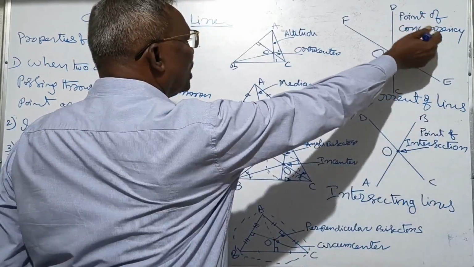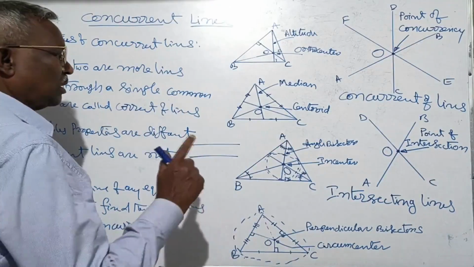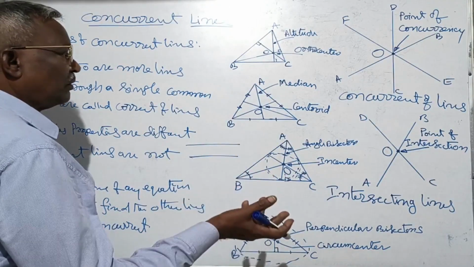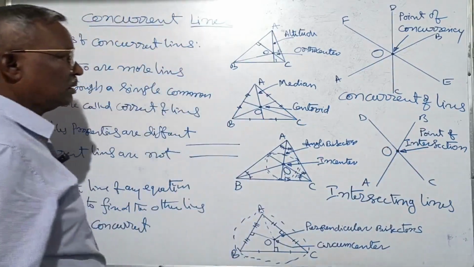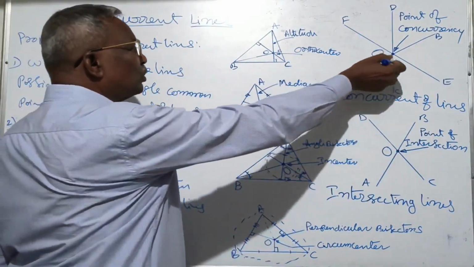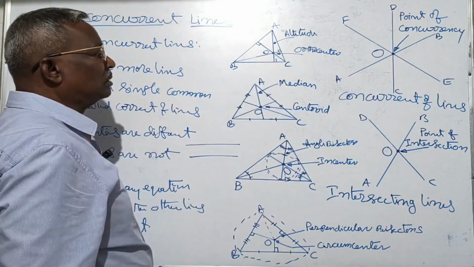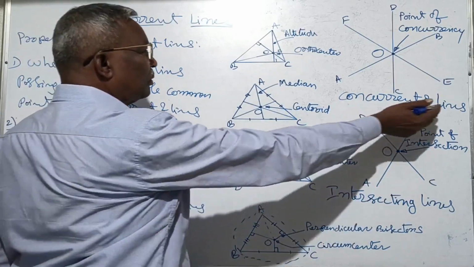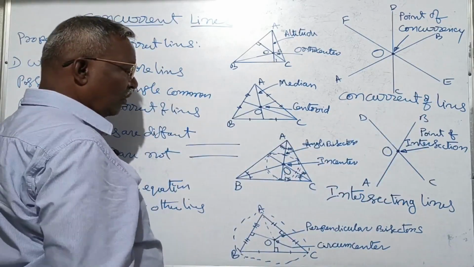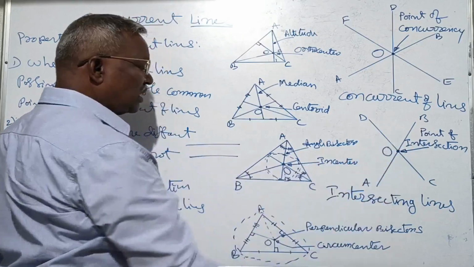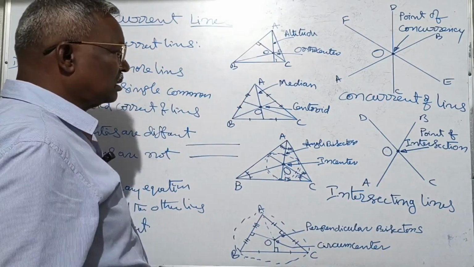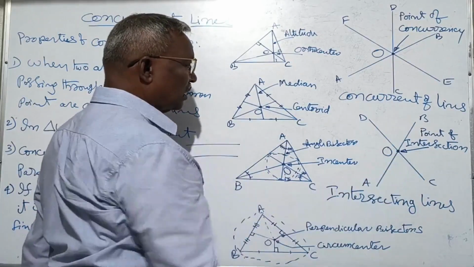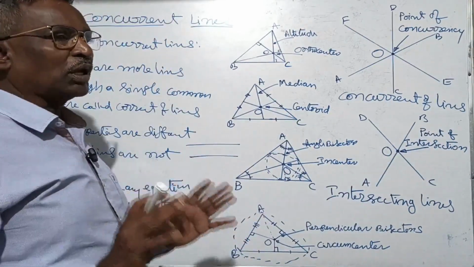That point is called the point of intersection.